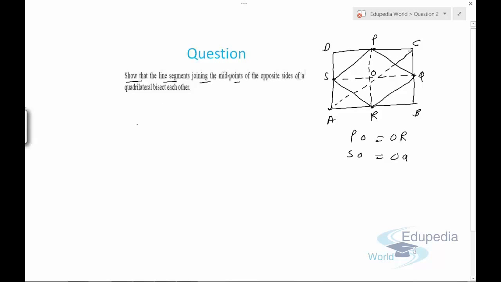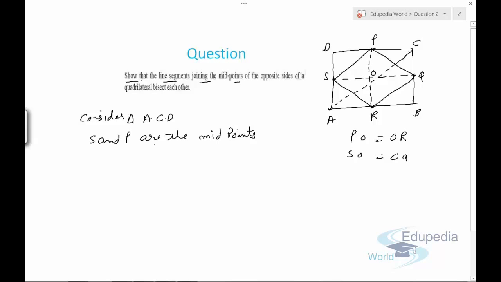Now consider triangle ACD. In triangle ACD, S and P are the midpoints, right?